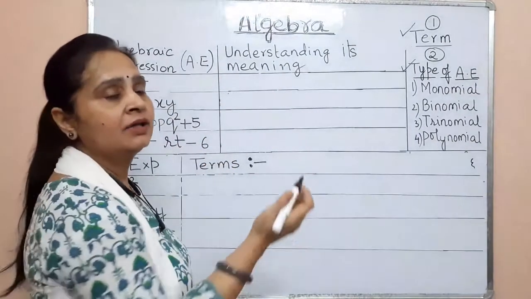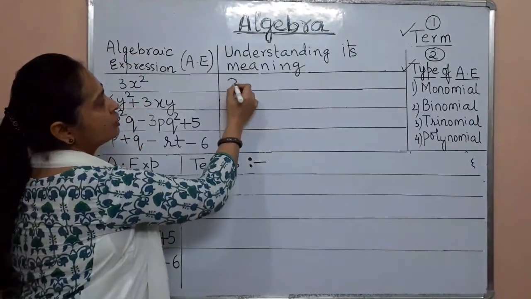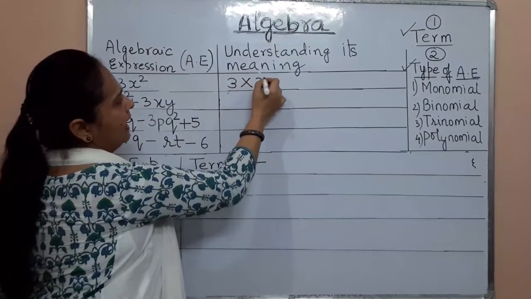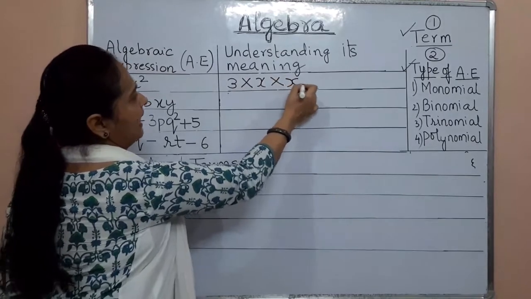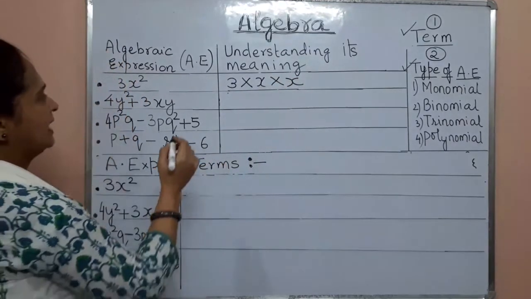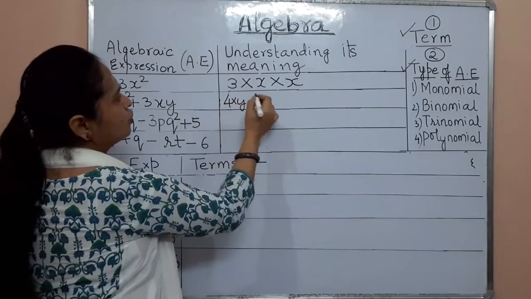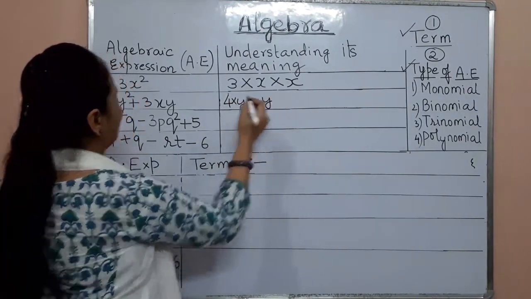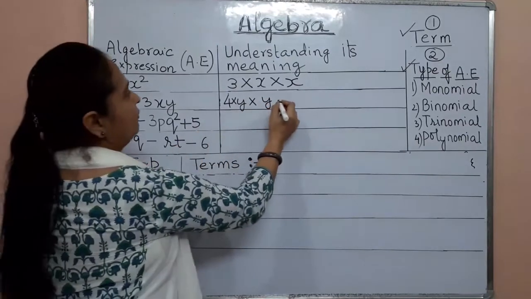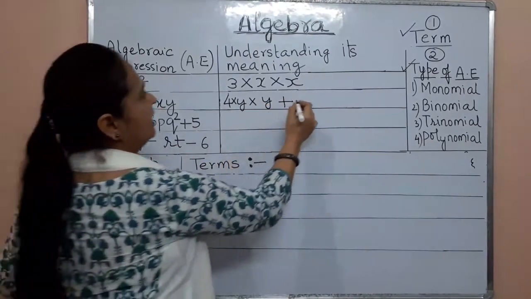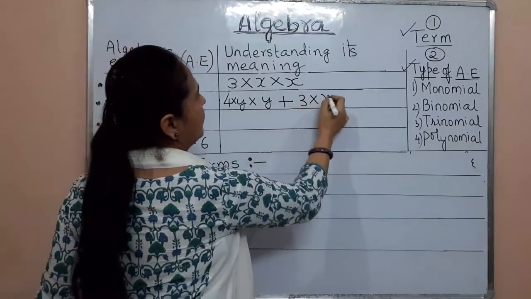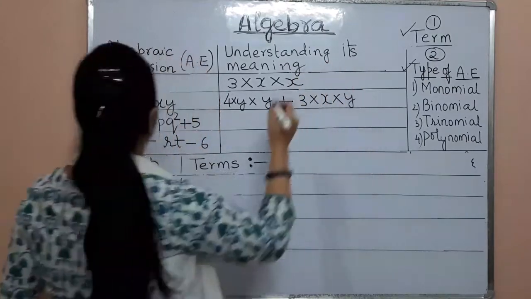3x square means it is 3 multiplied by x multiplied by x. 4y square is 4 into y multiplied by y. Then we have a plus sign. Then we have 3 into x into y.